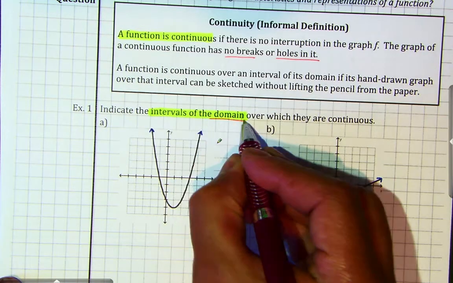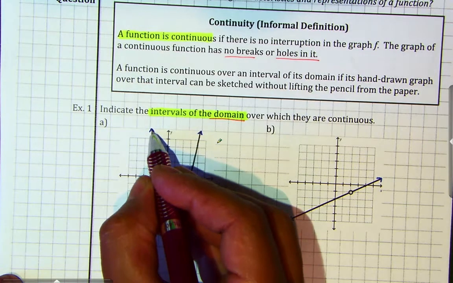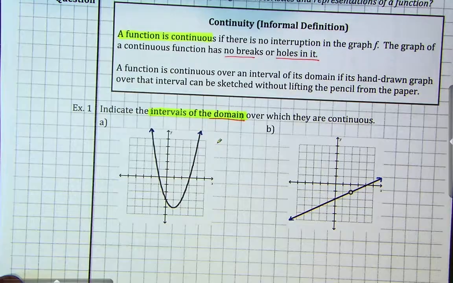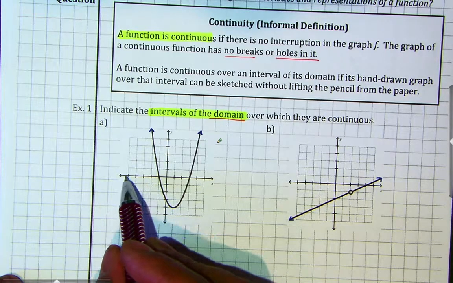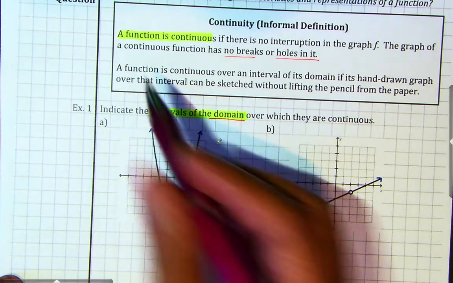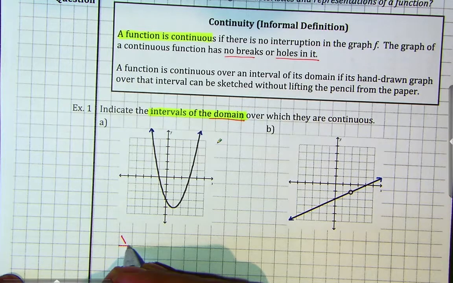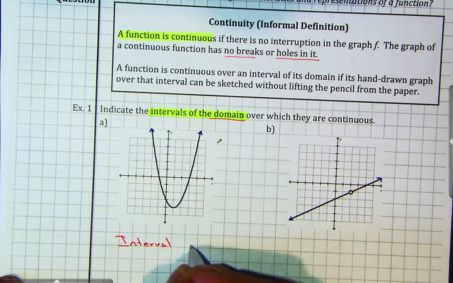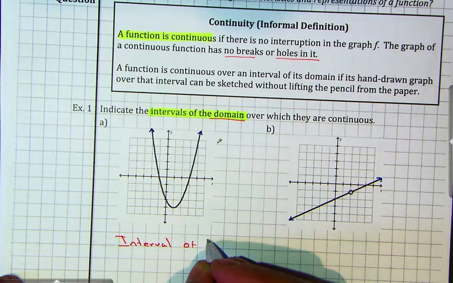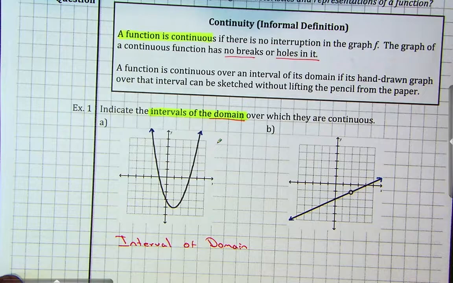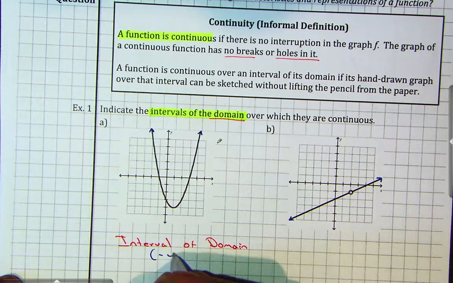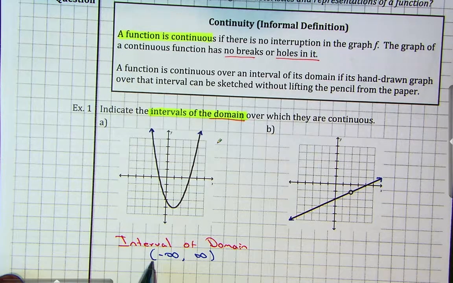This graph extends way to the left, even at -5, -6, there's going to be a graph. So the interval of the domain where it's continuous is from -infinity to +infinity. And just like we covered before, infinity always gets a parenthesis because we never reach it. We get closer and further away at the same time.